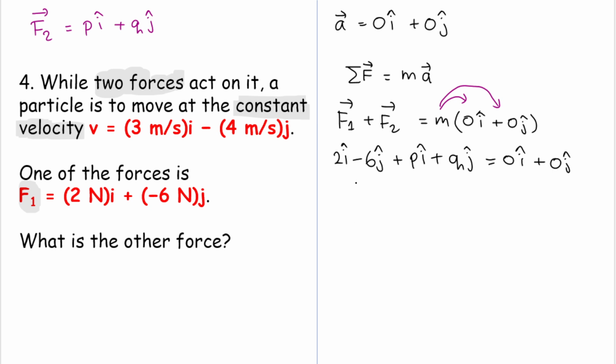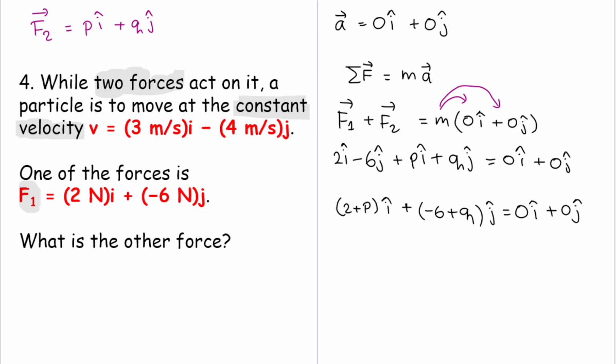Good. And now let's just group it by the direction. For the i direction, I will have (2 + P) i. And then for the j direction, I will have (-6 + Q) j. And then on the right-hand side, we will have 0i and also 0j.